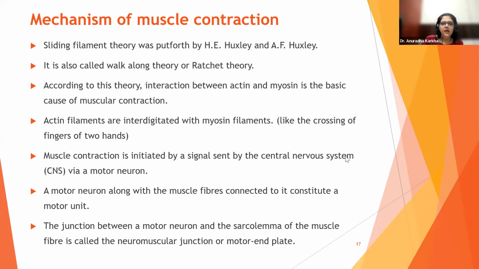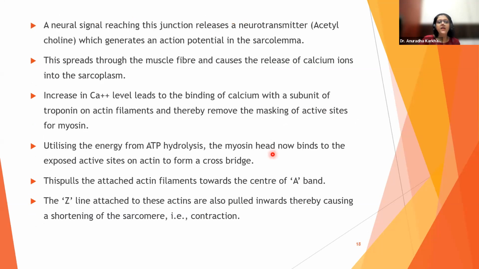Yeah. Now what happens? See, a neural signal reaching this junction releases a neurotransmitter that is nothing but acetylcholine. You already know about this, right? So as the impulse reaches the junction, it is going to release acetylcholine, correct? And this acetylcholine will generate an action potential in the sarcolemma, correct?